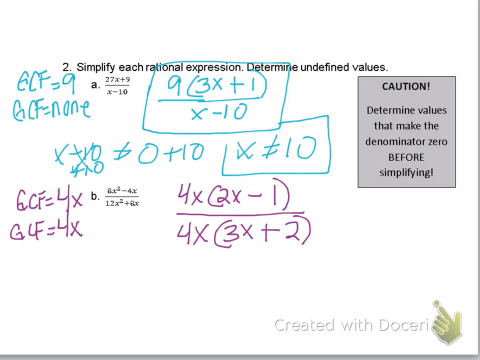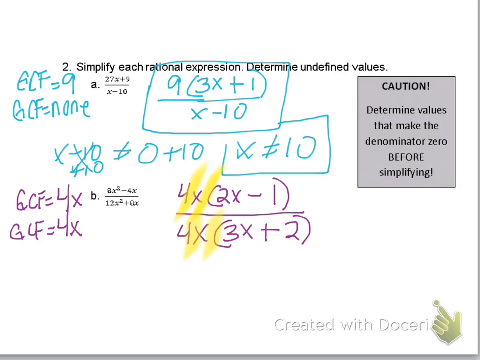Now you can see that we have 4x being multiplied by something. 4 times x times the quantity of 2x minus 1. So if we were to separate all these into factors, we would have 4x and 2x minus 1. And on the bottom we'd have 4x and 3x plus 2.